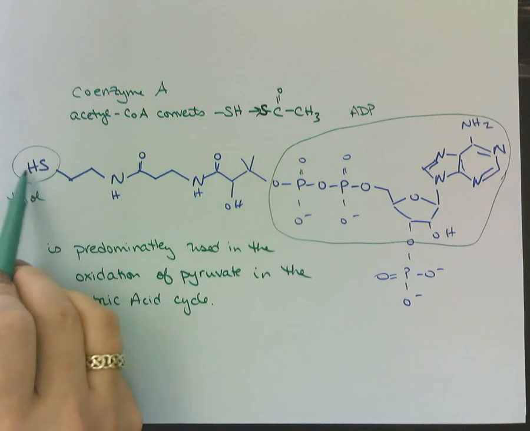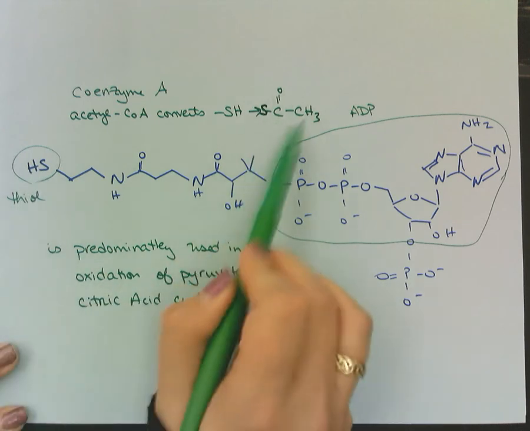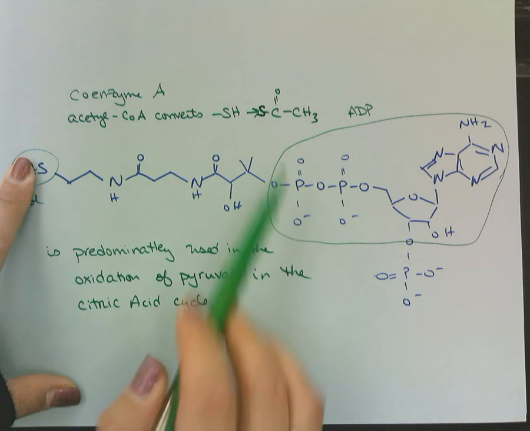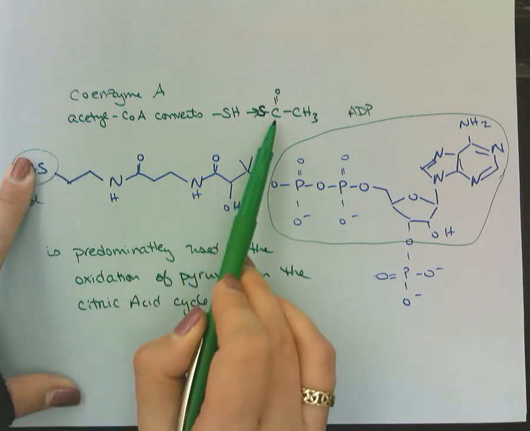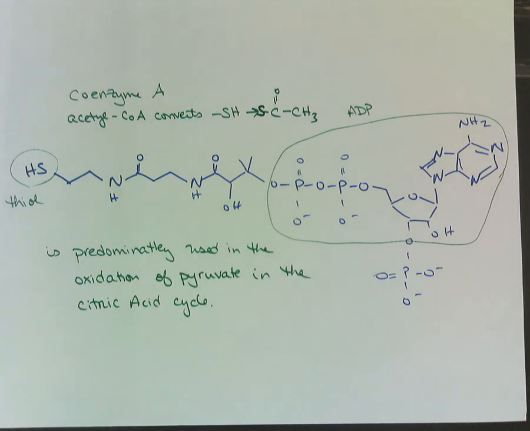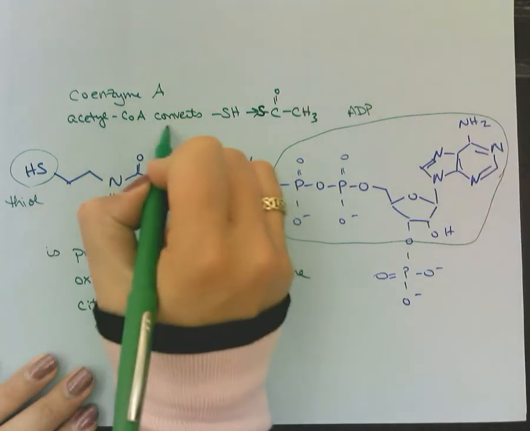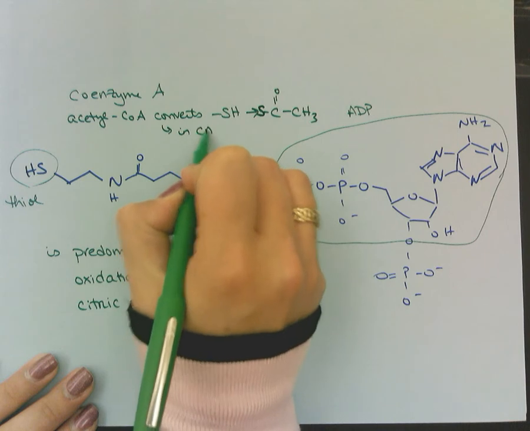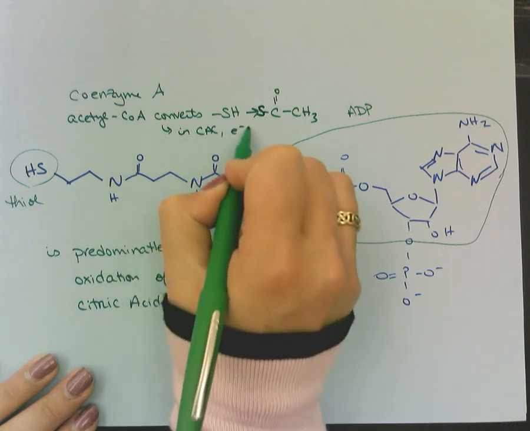That S stays there, but loses the H and gets an acetyl group. So if it was acetyl-CoA, the H is no longer there. It would be S, C, double bond O, double bond to a methyl group. And we will use acetyl-CoA in the citric acid cycle and the electron transport chain.